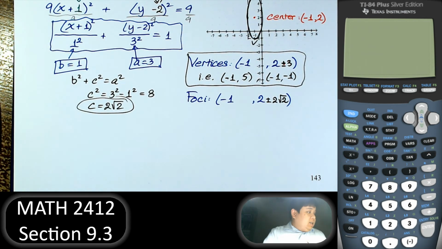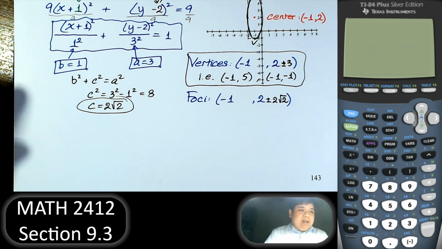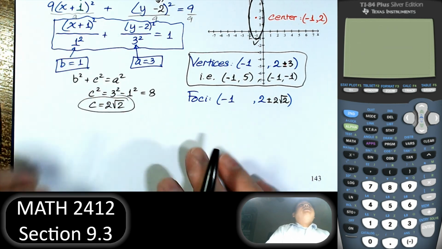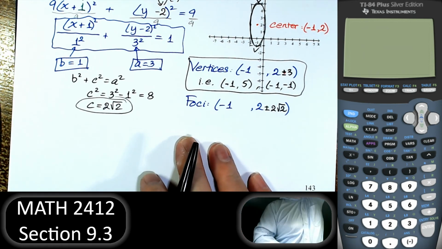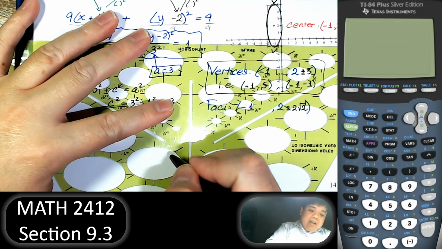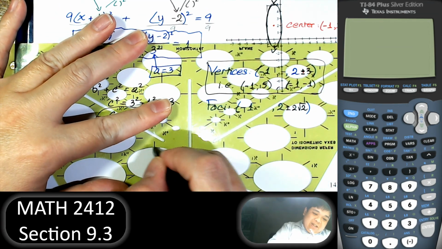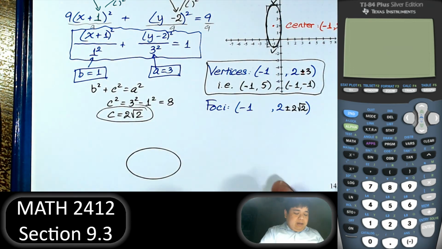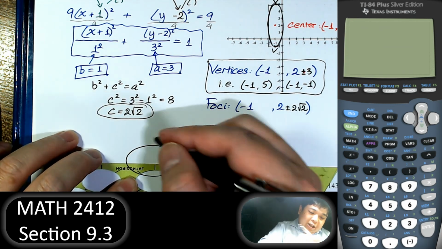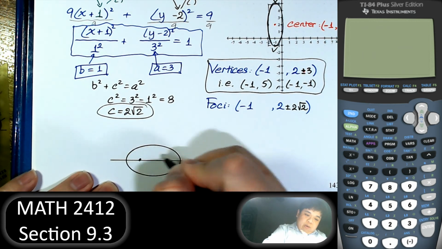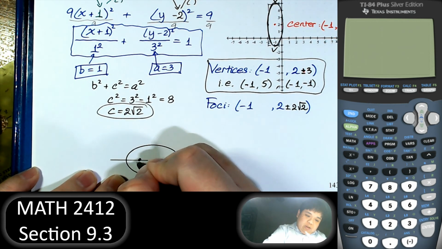And one property of the ellipse that I forgot to mention is this. Let's say when we have an ellipse, this is the major axis. There will be two foci, say two foci here.